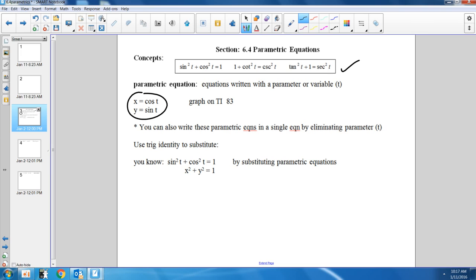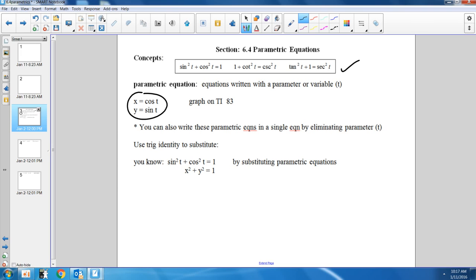So we are not going to be doing the graphing portion of this section. The only part that you're going to have for homework, regardless of the directions, is to simply convert from one equation to the other equation. So keep that in mind when you're reading the directions and doing your homework.